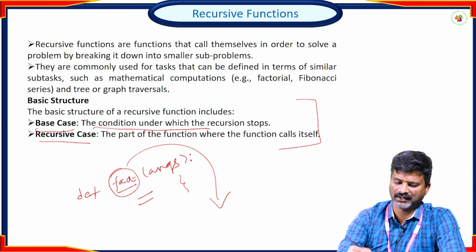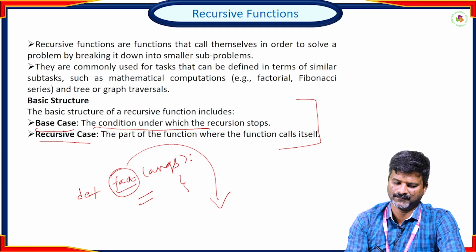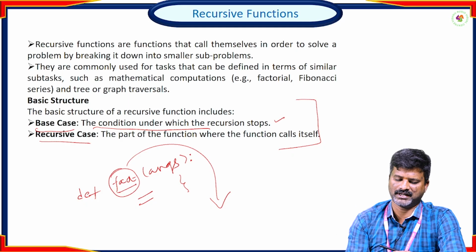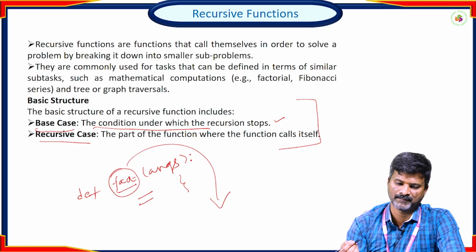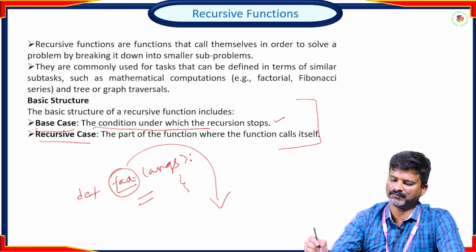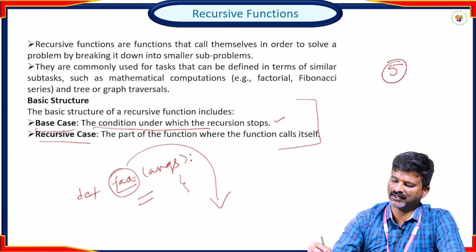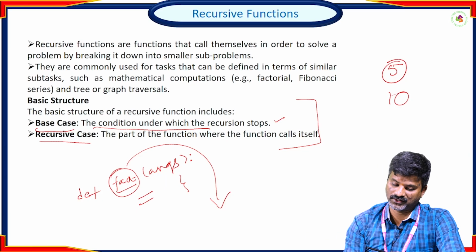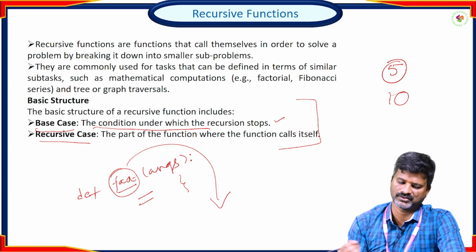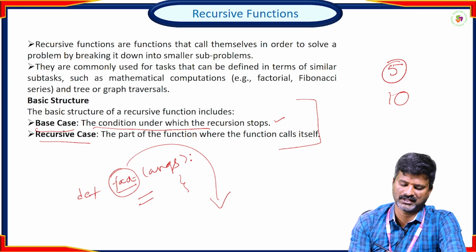The base case is the condition under which the recursion stops, because at some point we need to stop the process. You need to mention where to stop. If it is the factorial of 5, you find down until 1. Once it equals 1, we need to stop. That condition is called the base condition.